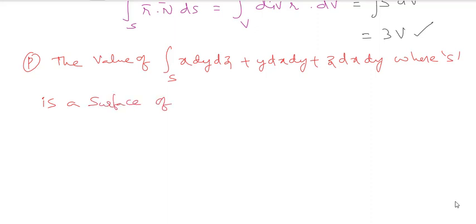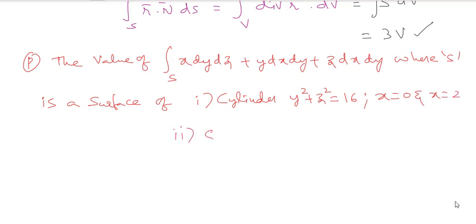The first one will be a cylinder, that is y square plus z square is equal to 16, and x is equal to 0 and x is equal to 2. Cylinder, you know that. Then the next one will be a sphere, that is x square plus y square plus z square is equal to 25. This is the question they had given.